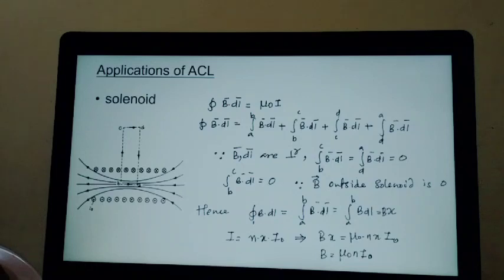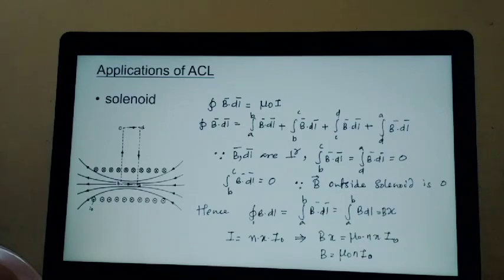B dot dl is a dot product between the two vectors B and dl. And when you consider B to C and D to A, B and dl are acting in perpendicular directions.